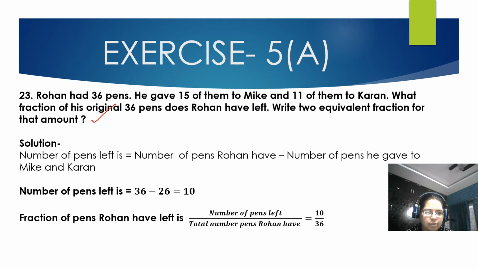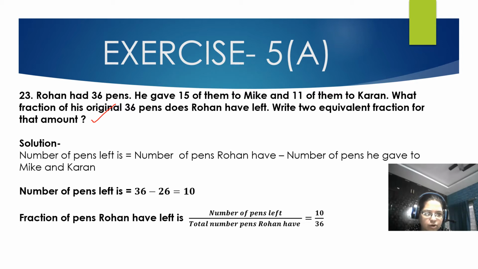Number of pens left is the number of pens Rohan has, 36, minus the number of pens he gave to Mike and Karan. The total number of pens he gave to Mike and Karan is 15 plus 11. 15 plus 11 is 26 and Rohan had 36 pens.